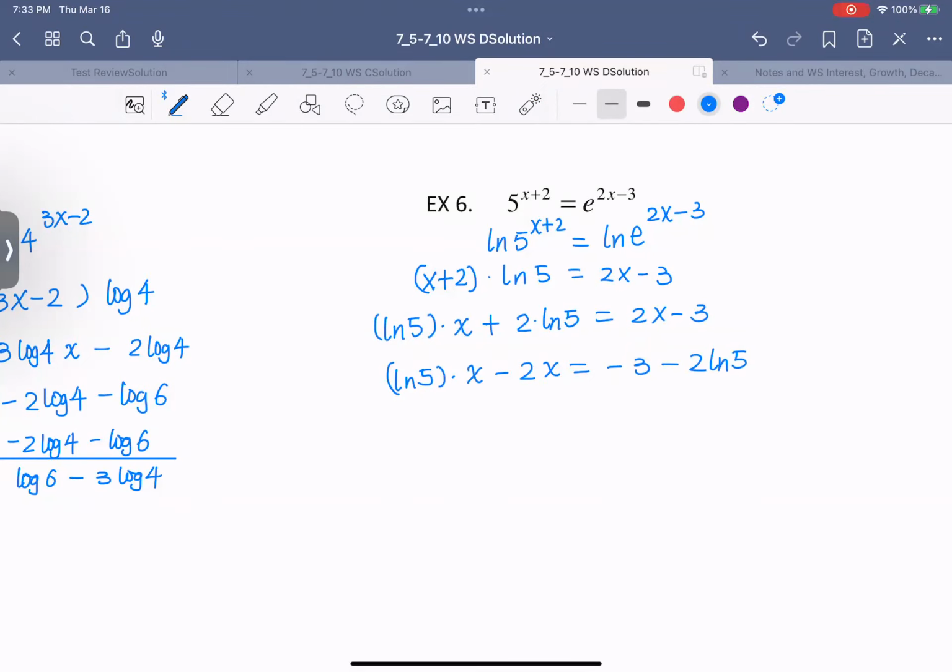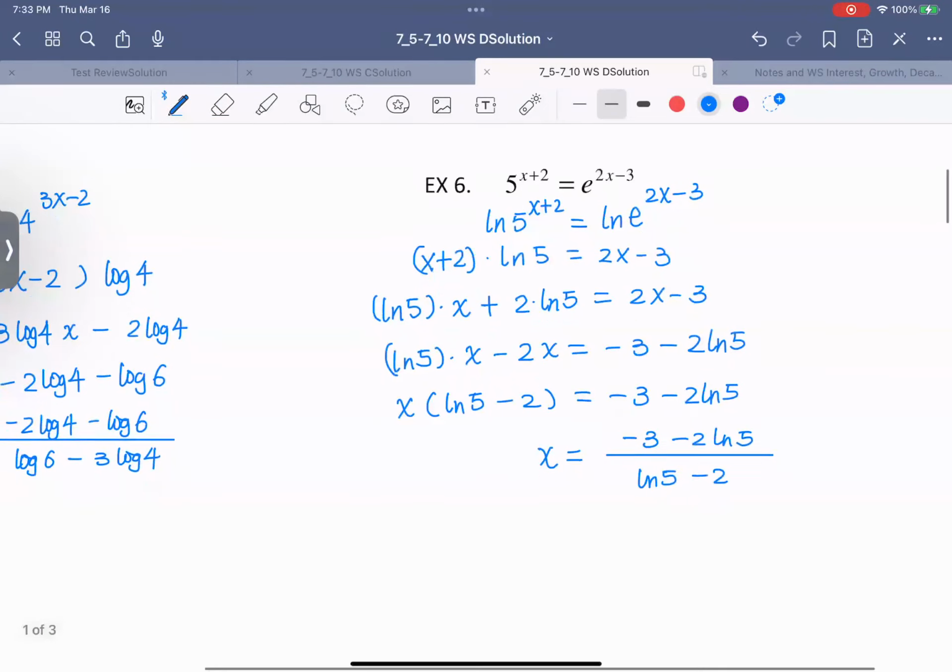So far, so good. Yeah. And we will take out x. We will have this, right? And then x is equal to negative 3 minus 2 ln 5 divided by ln 5 minus 2.